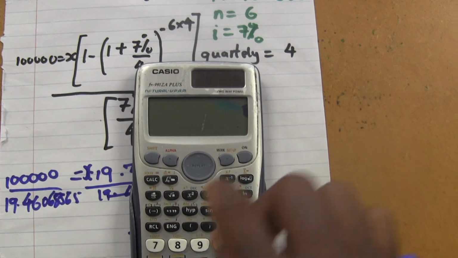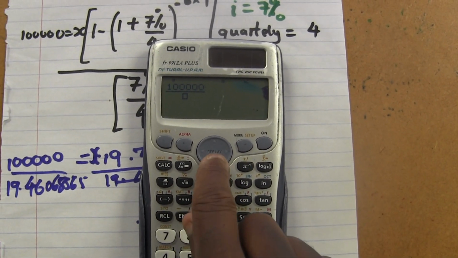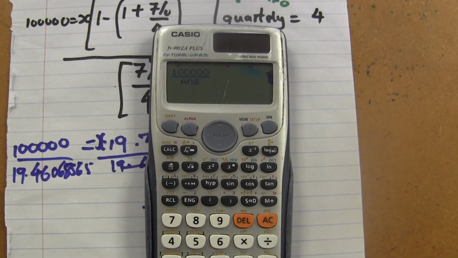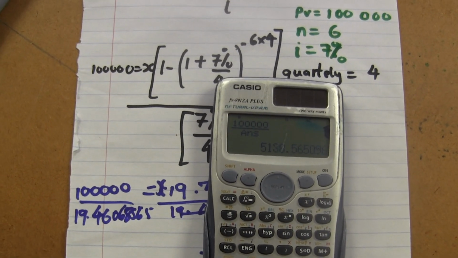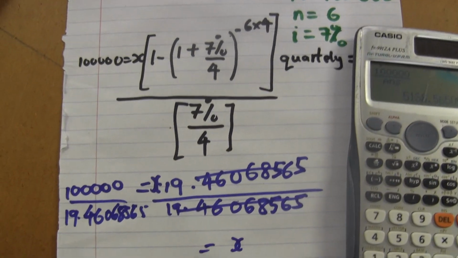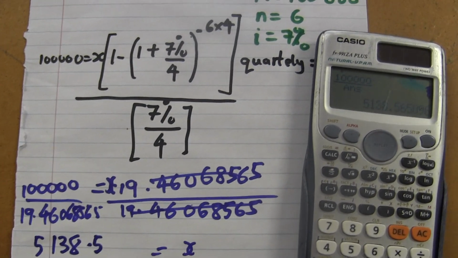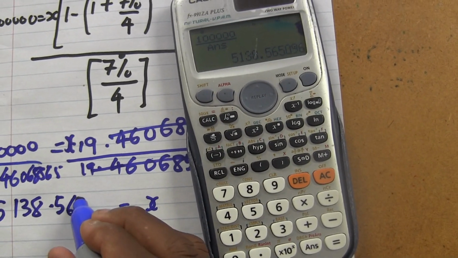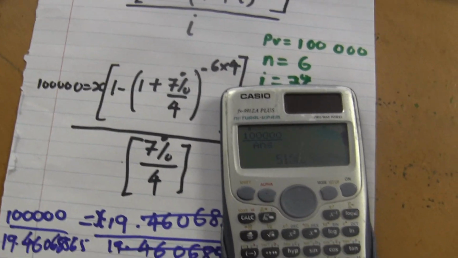So I'm going to say cancel, and 100,000 divided by the answer, because the answer is the number I'm going to type. It's 5138.565, but for the answer they always use 2 decimal places or whatever.